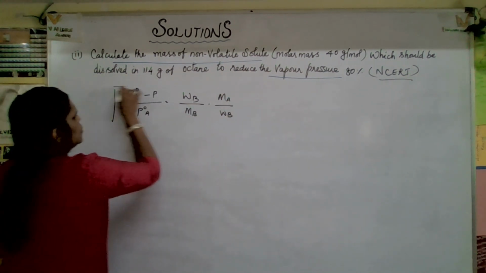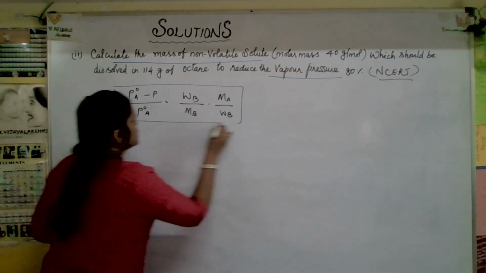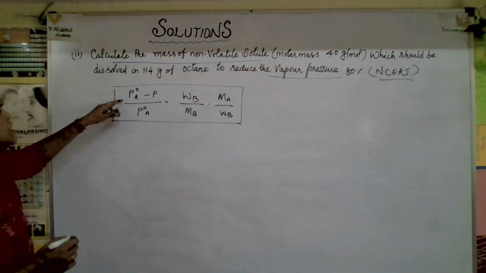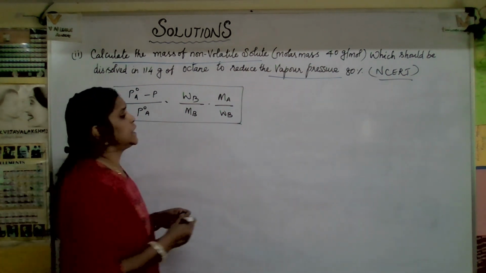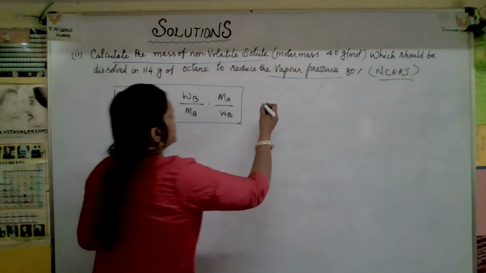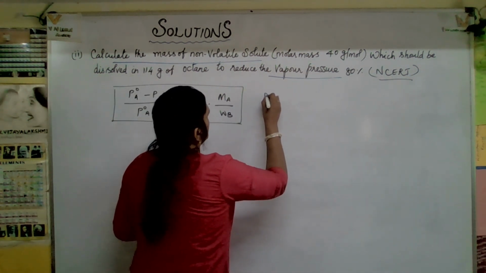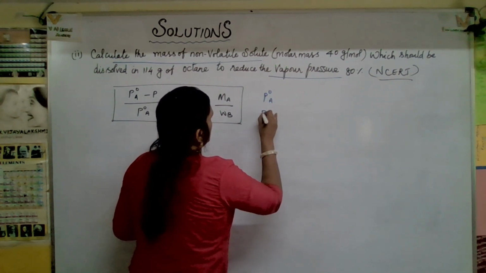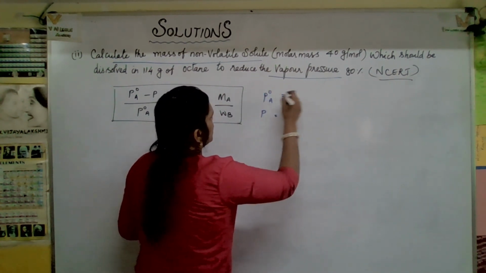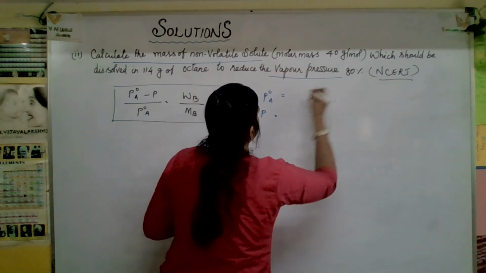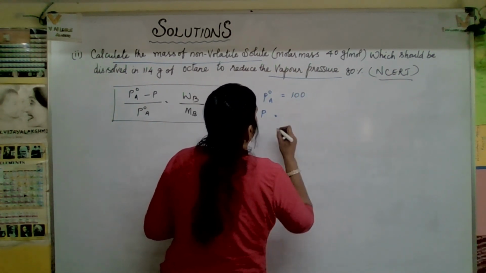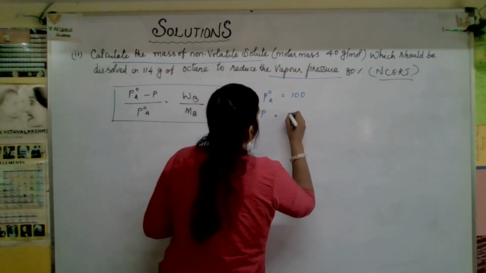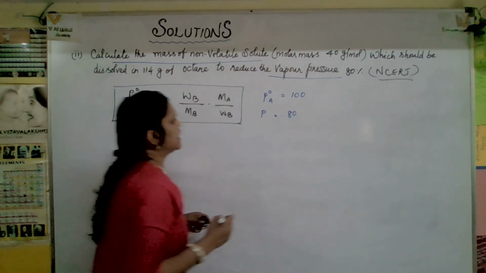Now what is P naught A? P naught A is the vapor pressure of the component A. P naught A, 80 percentage means the vapor pressure of the component is 100, and the vapor pressure of the solution is 80, right?